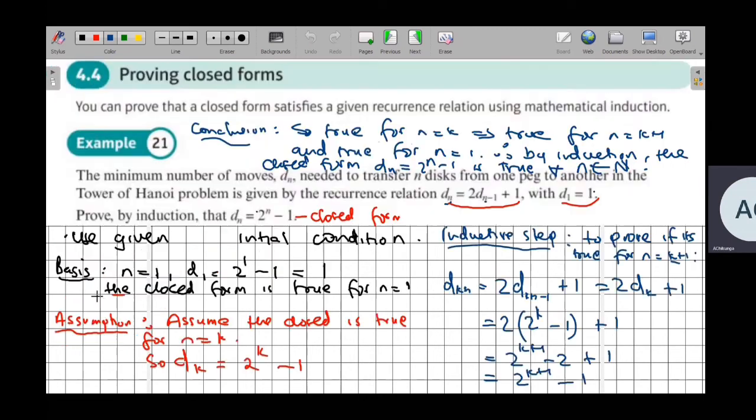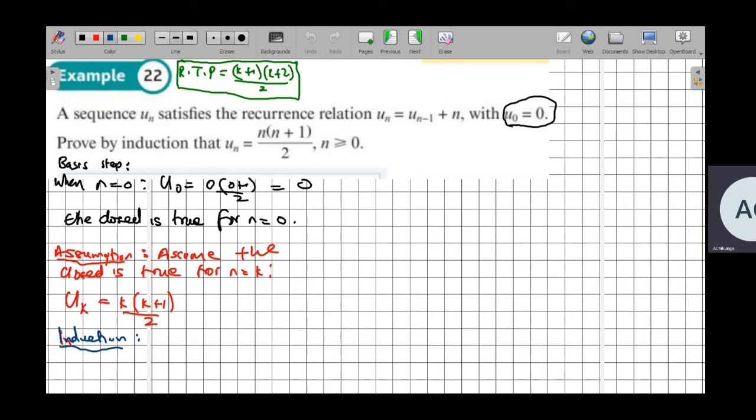Just like we've done here, to prove that if the closed form is true for n is equal to k, is it true for n is equal to k plus 1?